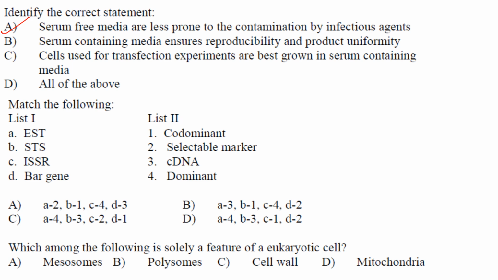So the answer here is option B: A3, B1, C4, D2. Then which of the following is solely a feature of eukaryotic cell? Mesosomes in bacteria, polysomes in bacteria, cell wall in bacteria, mitochondria not present in bacteria. Very simple question. So mitochondria is the answer.